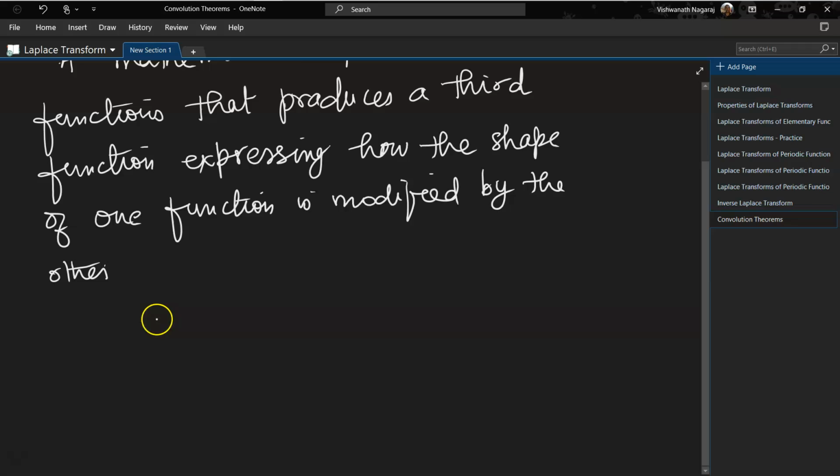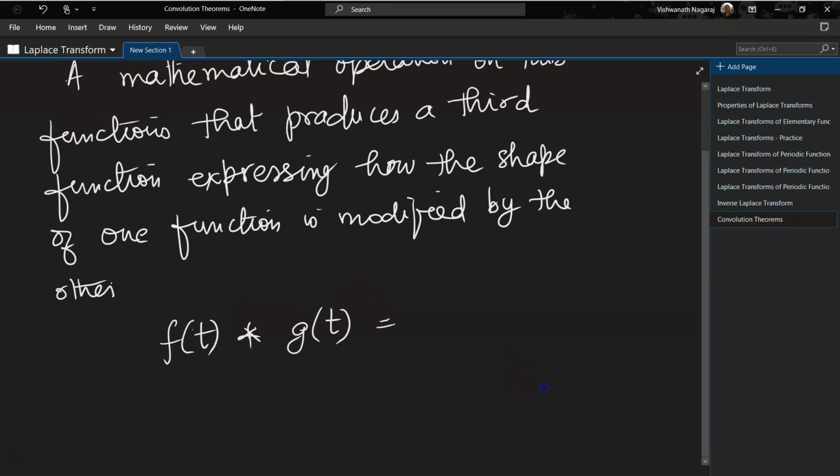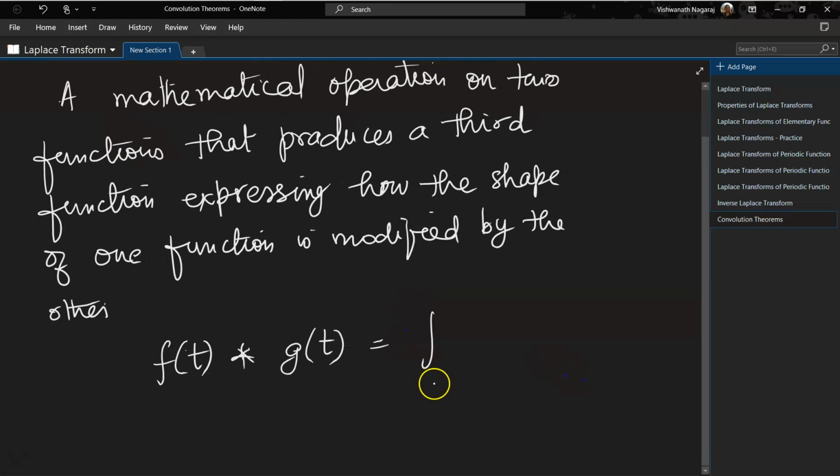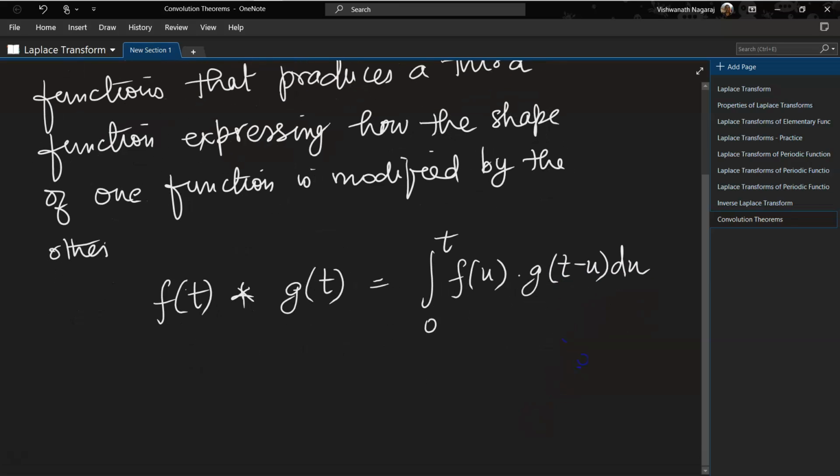Let's say we are interested in functions f of t and g of t. If we want to apply convolution between these two, we use this symbol, and this is defined as the integral from 0 to t of f of u times g of t minus u du. This is the convolution.